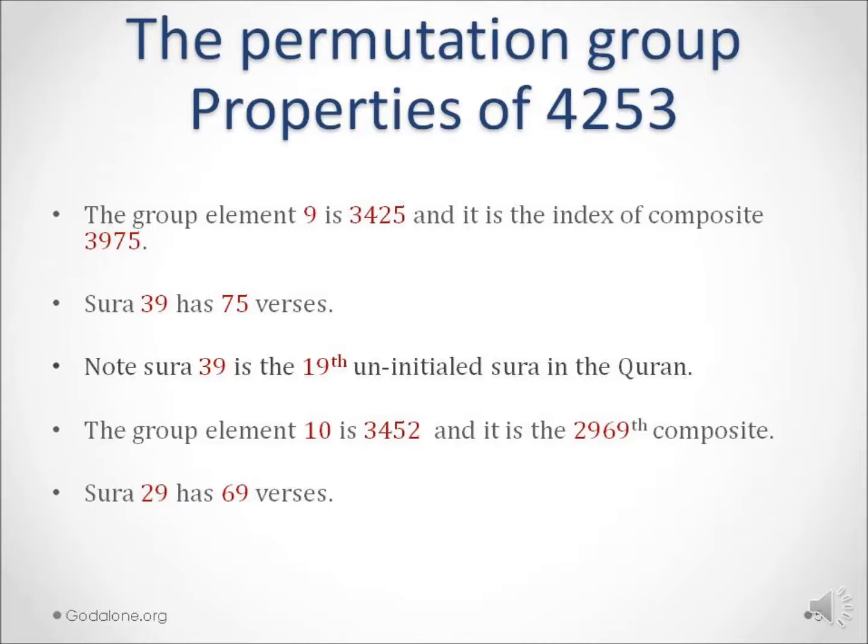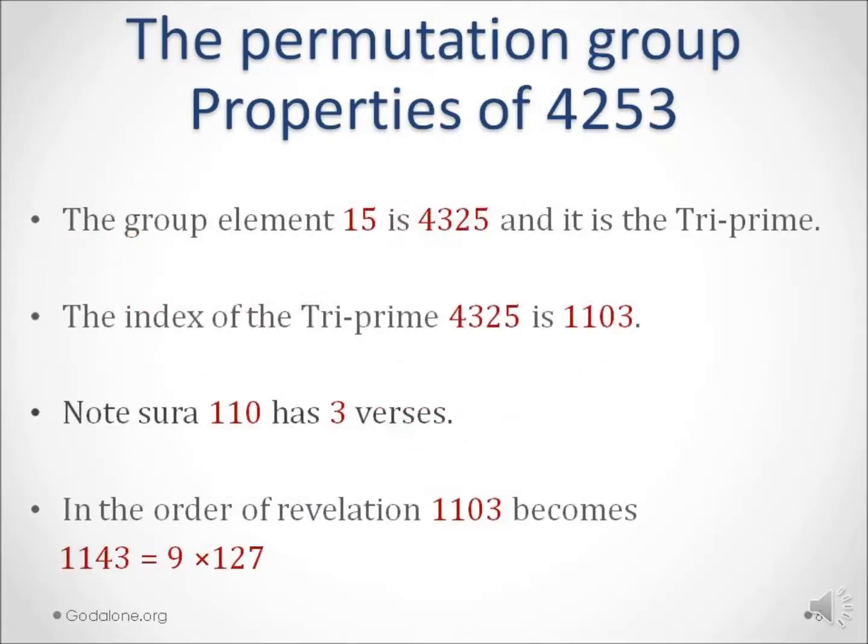The group element number 10 is 3452, and it is the 2969th composite, and chapter 29 in the Quran has 69 verses. The 15th group element is 4325, and it is a triprime.